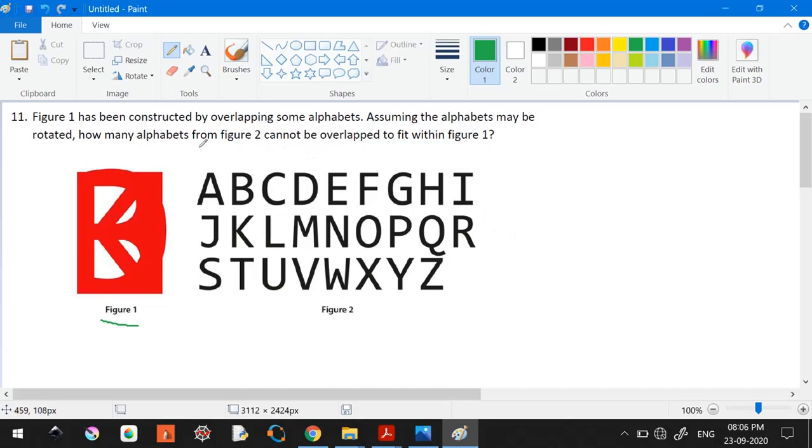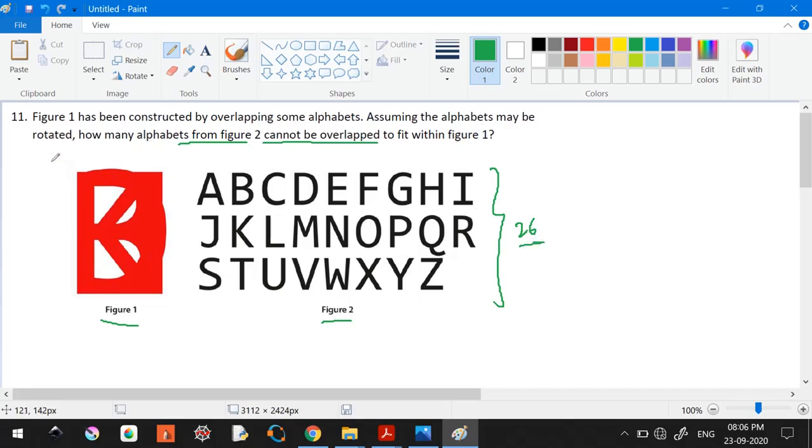Okay. How many alphabets from figure 2? This one, which is nothing but I can see all the alphabets, 26 alphabets, cannot be overlapped to fit within figure 2. Okay. The question is, given these 26 alphabets, how many of these cannot fit here?